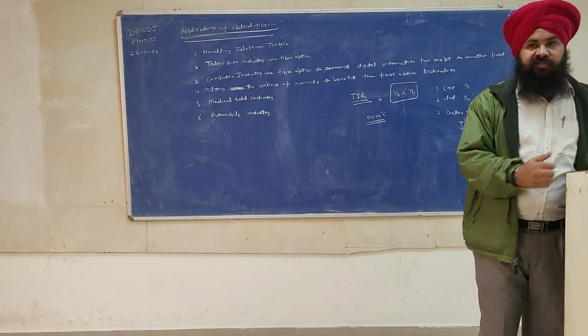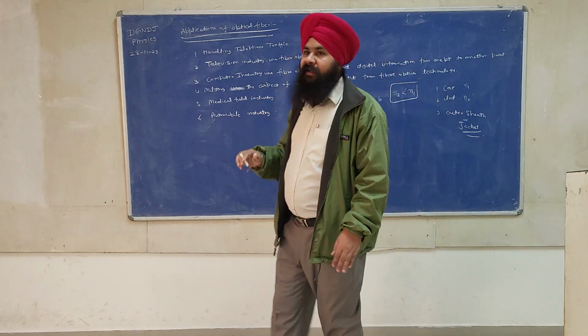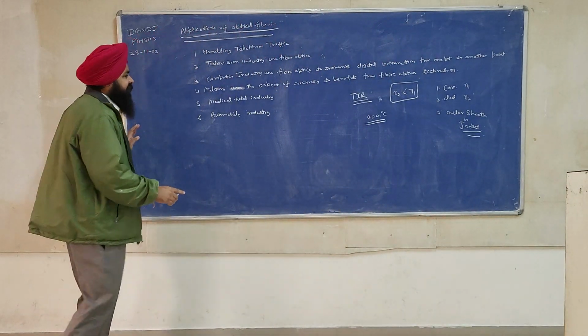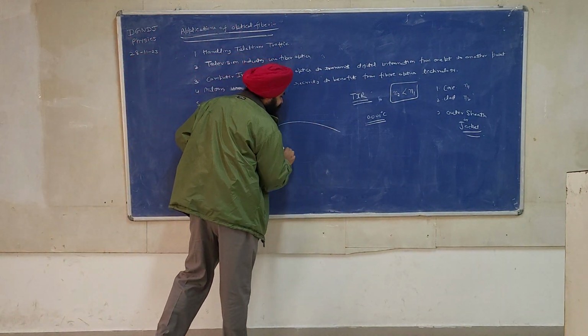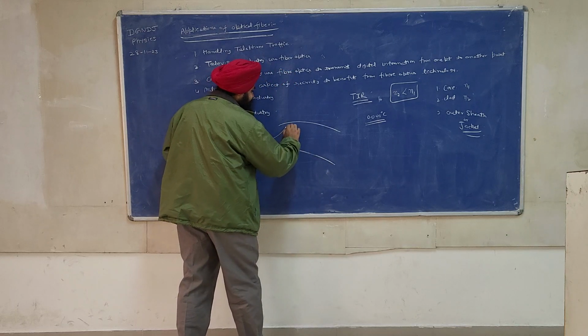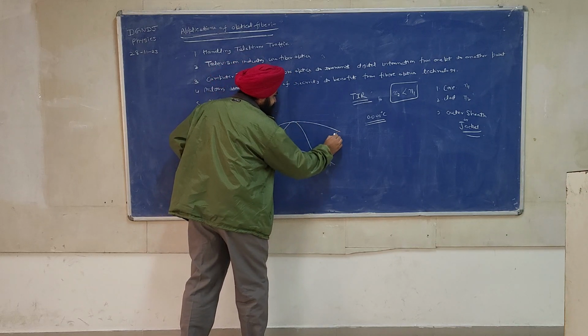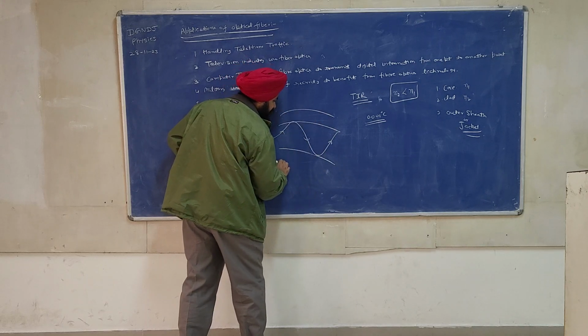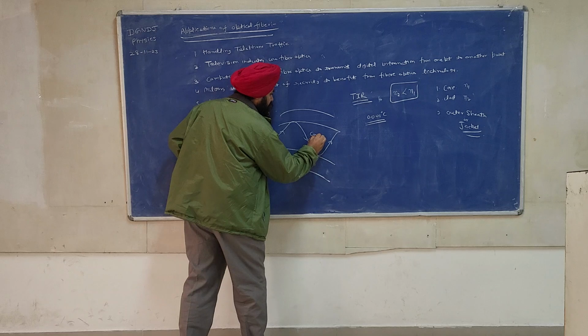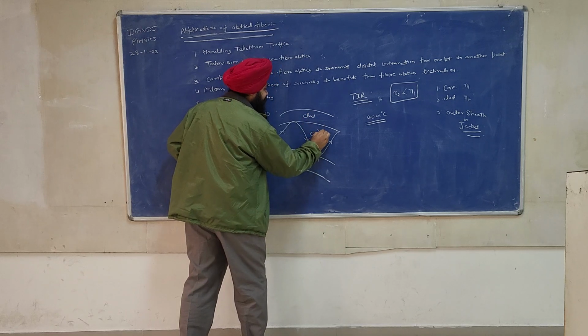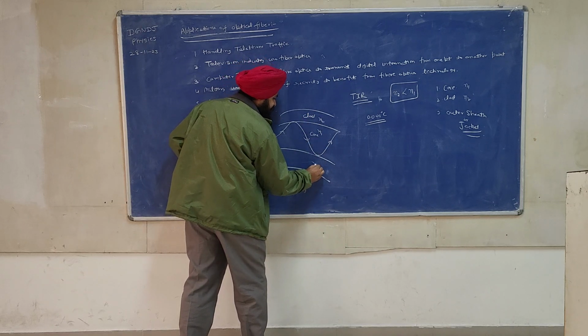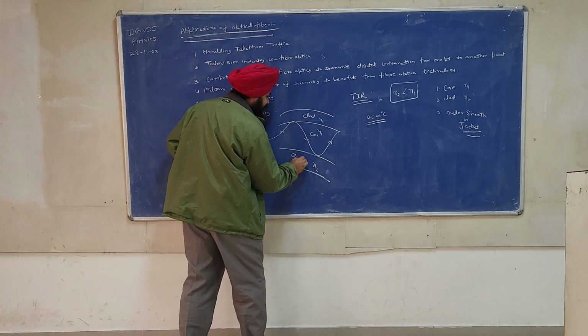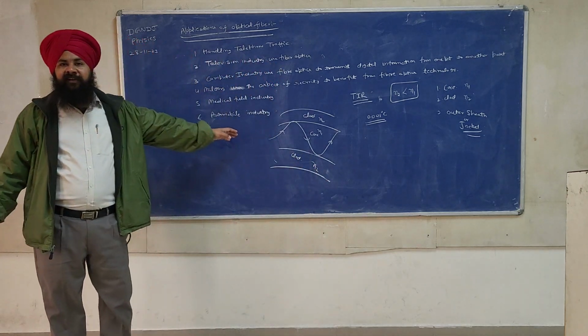So this is all about the application part. From the last lecture, we discussed how the signal travels in the core part. This is called the core, this is called the clad, with N1 and N2. The energy travels in the core.